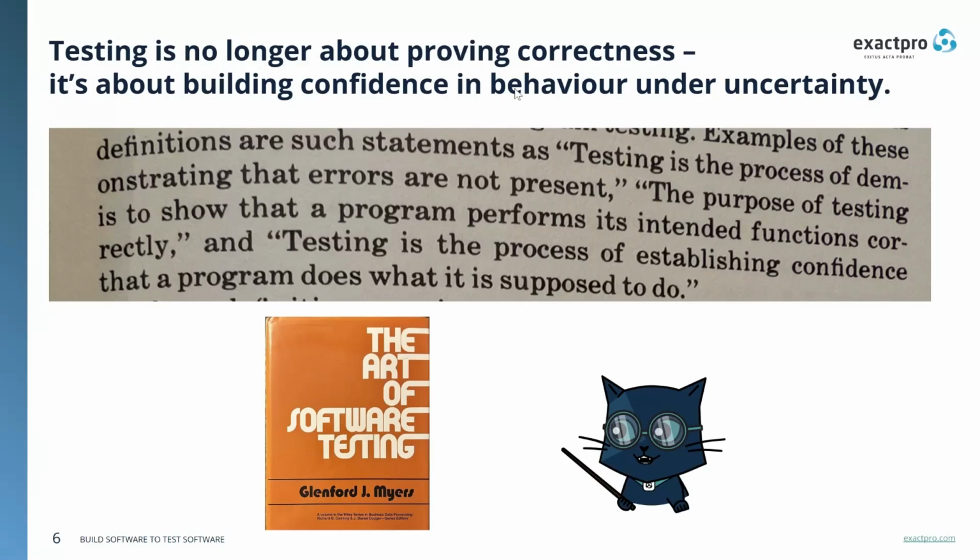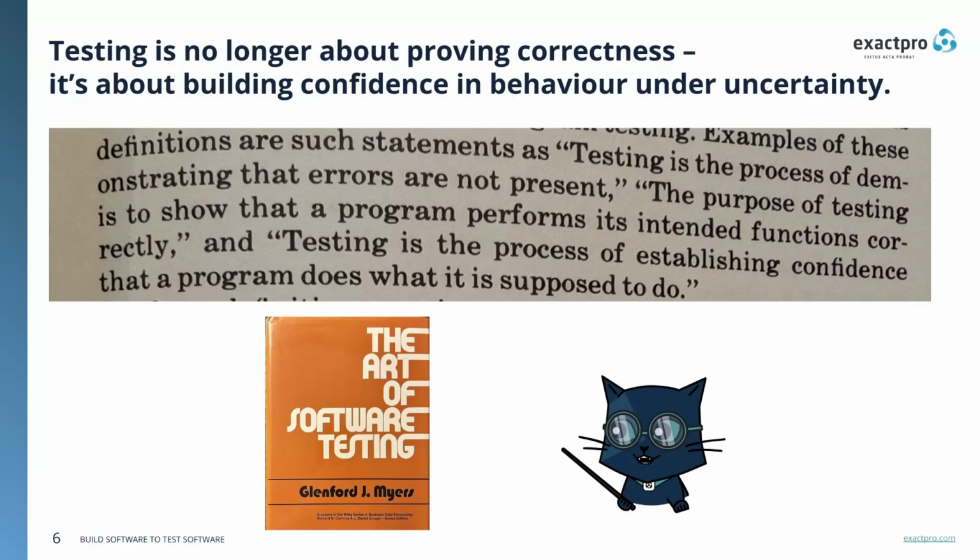So what we have on the screen is in fact a joke. It says testing is a process of establishing confidence that a program does what it's supposed to do. It is from Glenford Myers' classic book that was written in 1979.